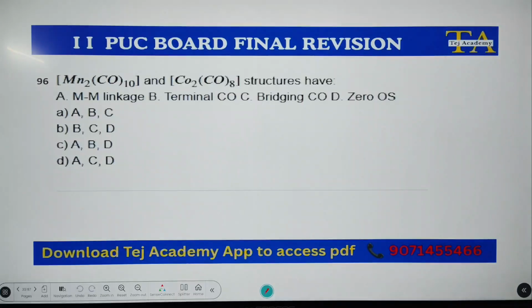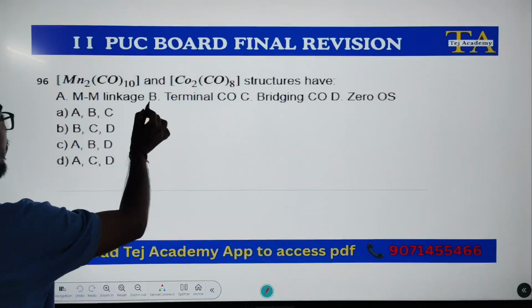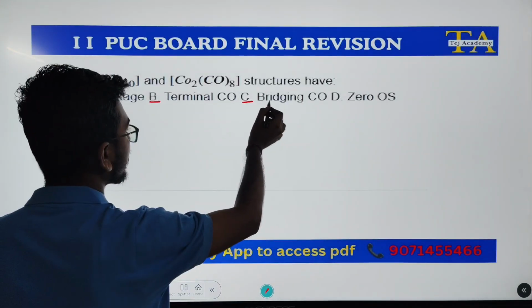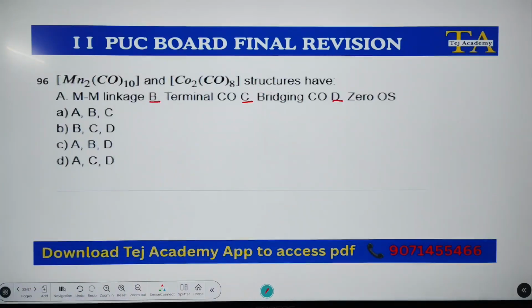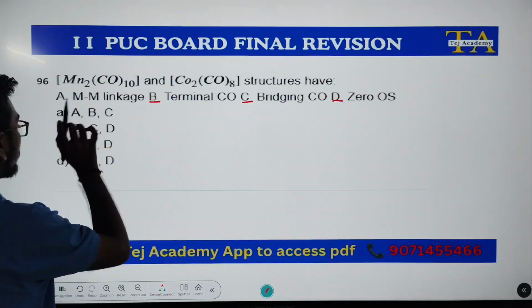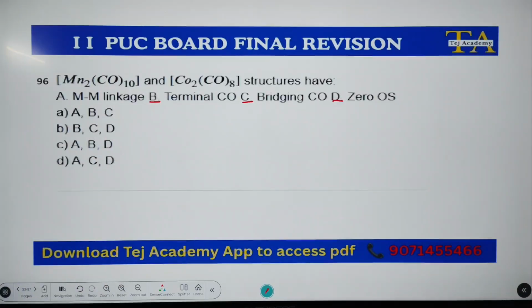Yes. 96th. So these are the compounds and they give structural features: A, M-M linkage; B, terminal carbon monoxide; C, bridging carbon monoxide; D, zero oxidation state. Now Mn2 means obviously M-M linkage will be there. Now B, terminal carbon monoxide.